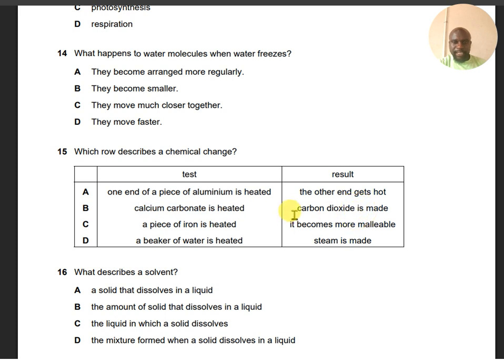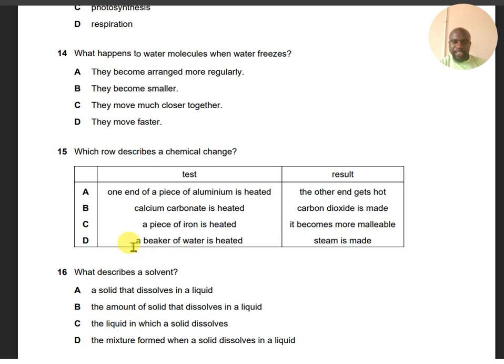Of course, here there is a chemical change, because during the heating or burning of calcium carbonate, carbon dioxide is produced. So this one is the correct answer. A piece of iron is heated and becomes malleable.